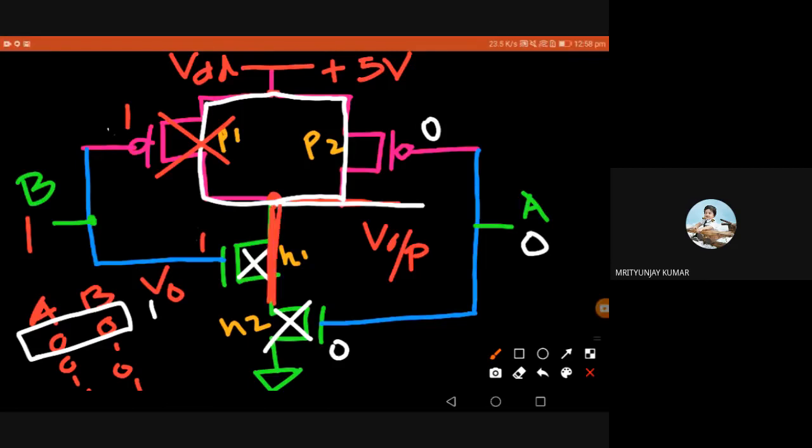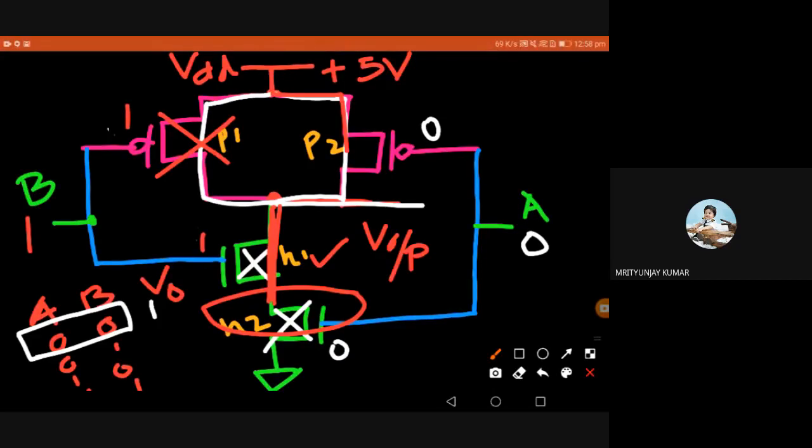Now what happens? We can see there is no change in the circuit. Why? N1 is on, but N2 is off, so there is still no connection of the output to ground. At the same time, P2 is still on, so VDD is still connected to the output.